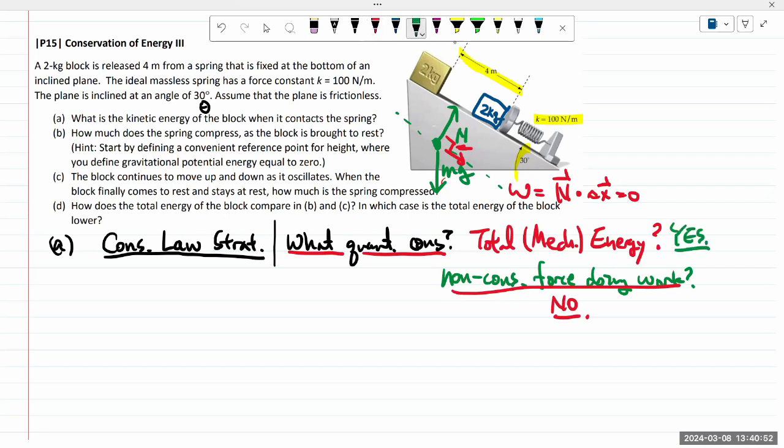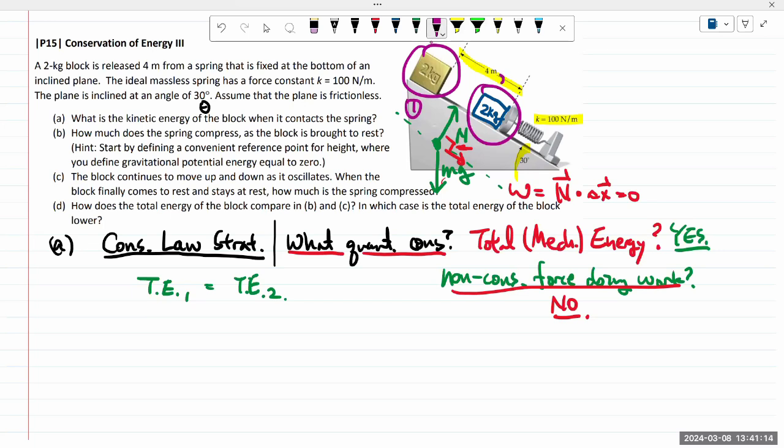And once we have that far, then we are now ready to set up the conservation law equation, one that will say total energy in snapshot 1 is equal to total energy in snapshot 2. And we have to decide what our snapshots are. I think it's pretty clear in this case. This is our snapshot 1.